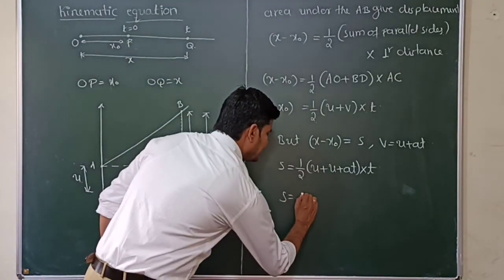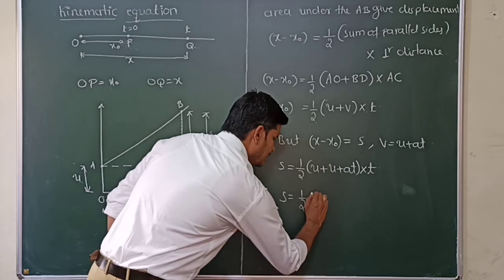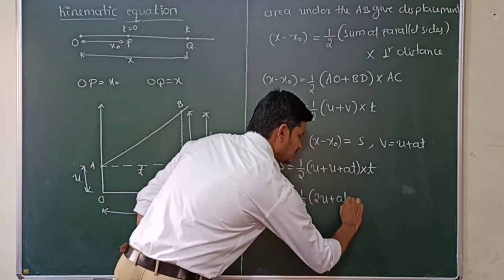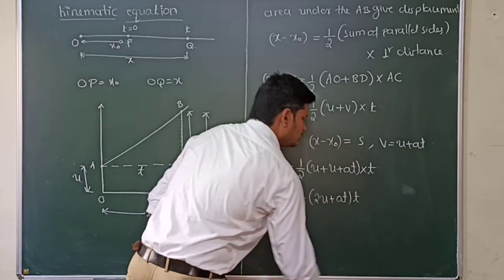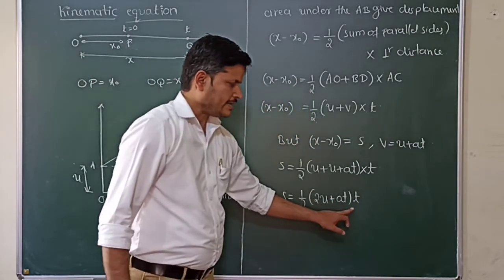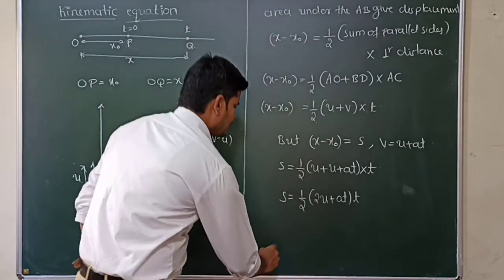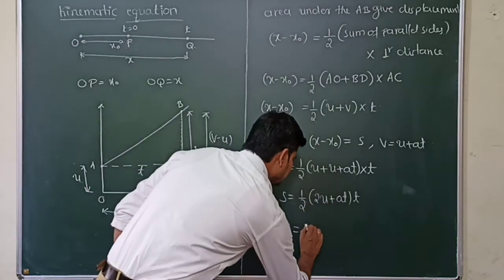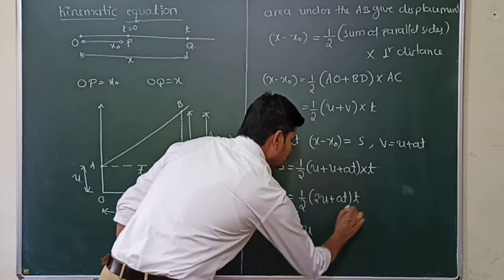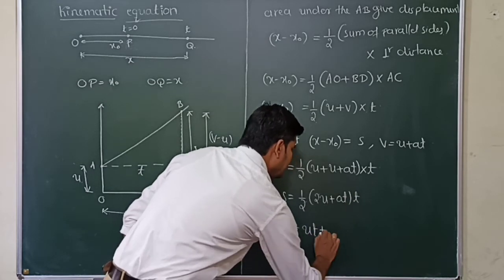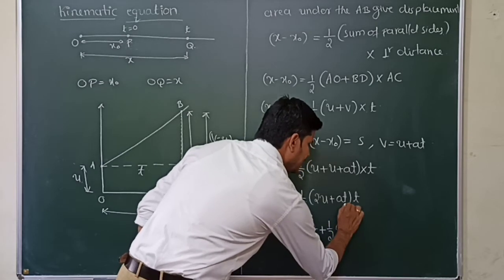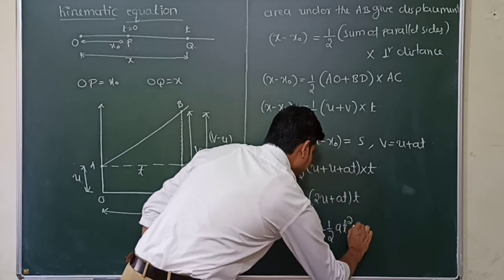Then s is equal to 1 divided by 2 into 2u plus at into t. S is equal to, 2 gets cancelled, u t plus 1 divided by 2 a t square.